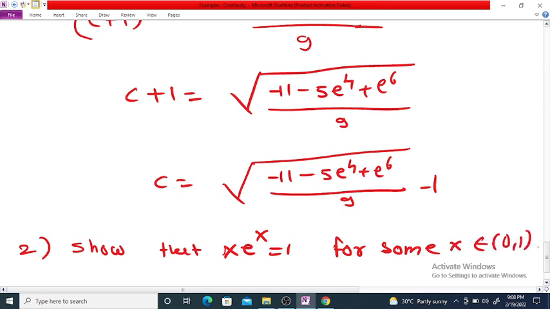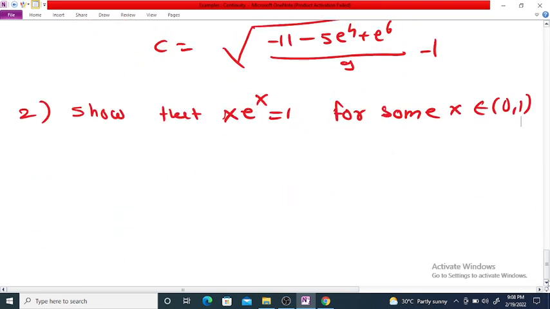That is, we want to show here x e raised to x is equal to 1 for x in 0 to 1. Here we are going to use the location of root and intermediate value theorem.